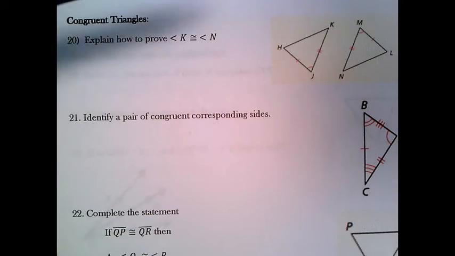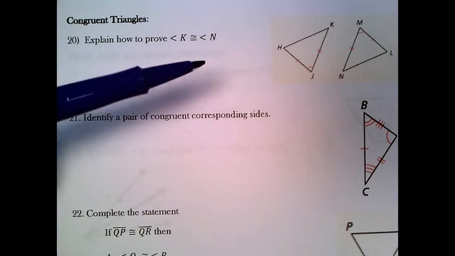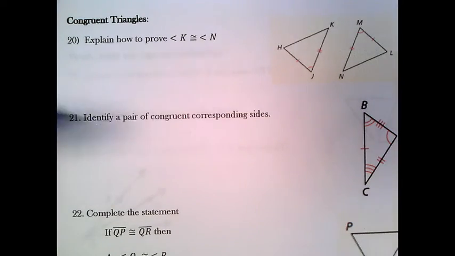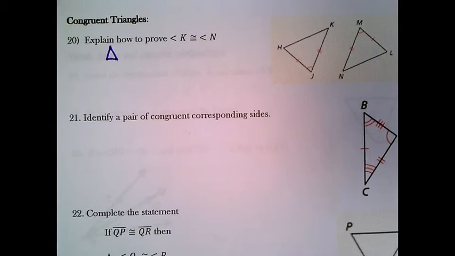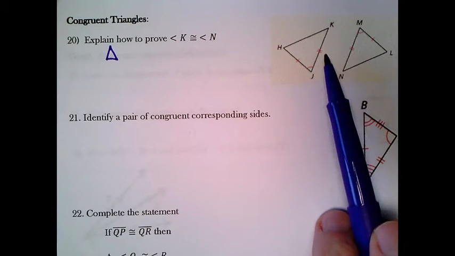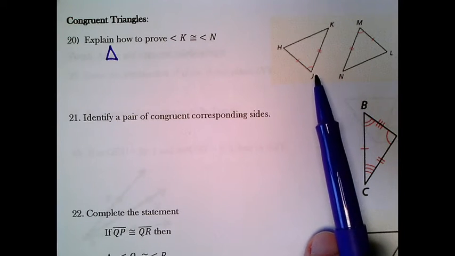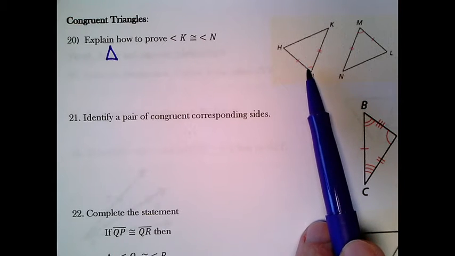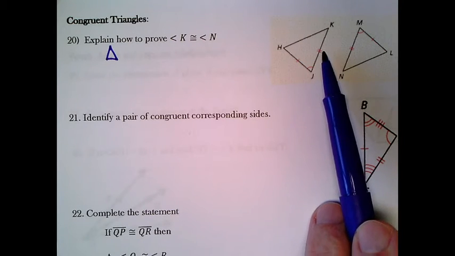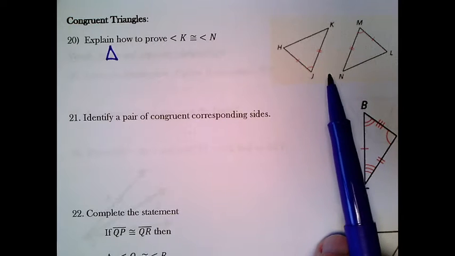So I'm gonna do the easiest way that I see. I'm gonna name this triangle over here. Remember, you got to put the triangle sign. So I got my triangle sign, and I'm gonna go with the markings and an order in which the markings are given. And if you look, there's a 1 dash mark, and then a 1 arc mark, and then a 2 dash mark. So I'm gonna go in that order.